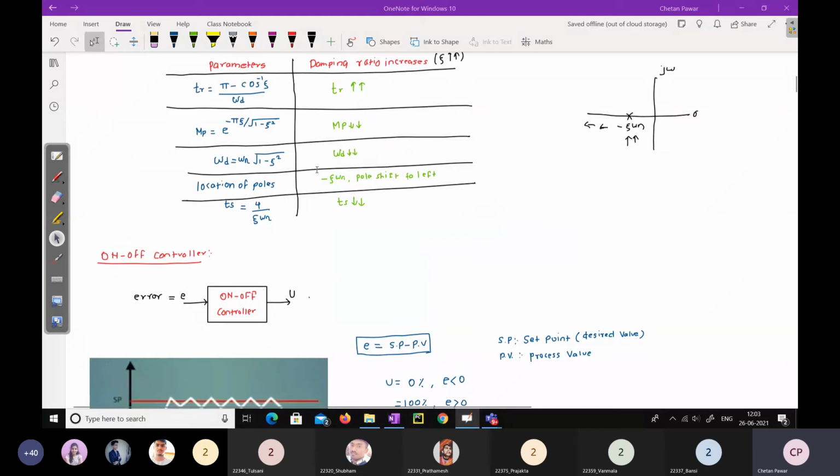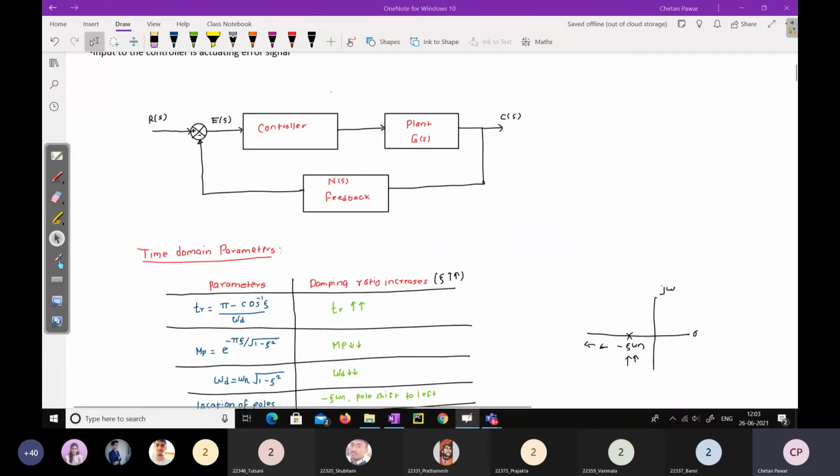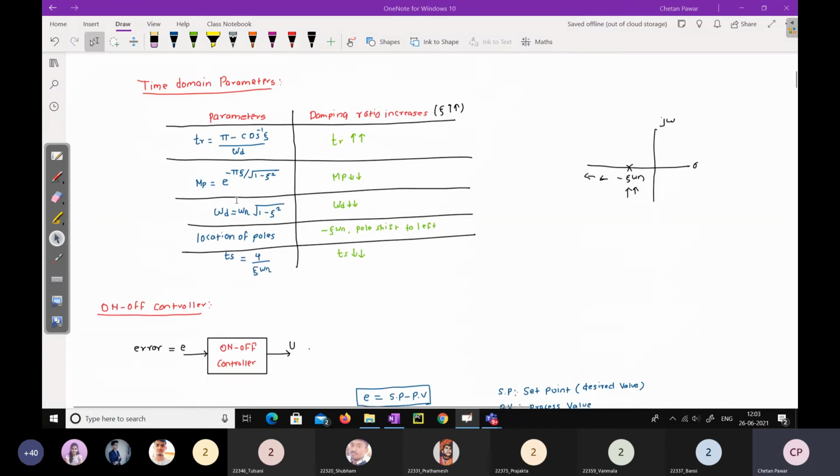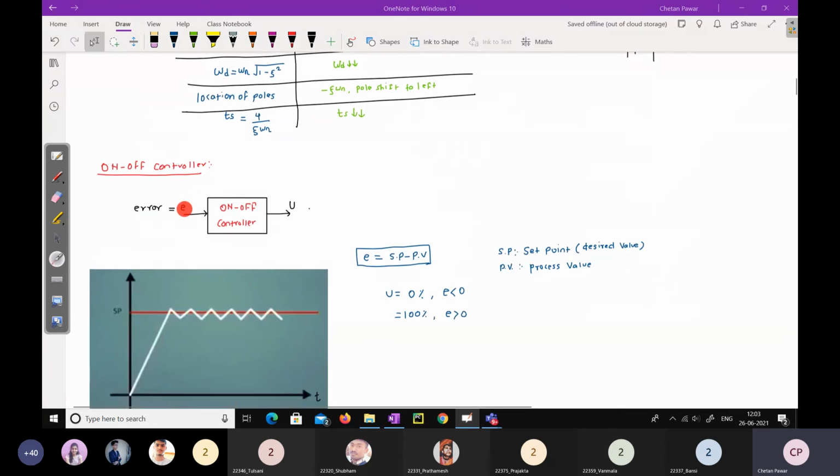For example, if I am applying a set point of 25 degrees Celsius to the air conditioning system, this will be my desired point. SP is the set point, 25 degrees Celsius. I will put it here.